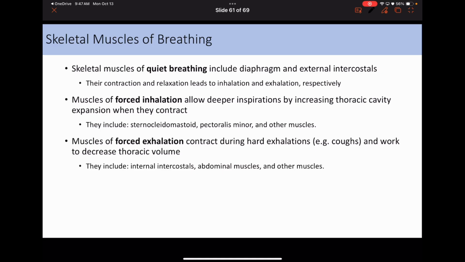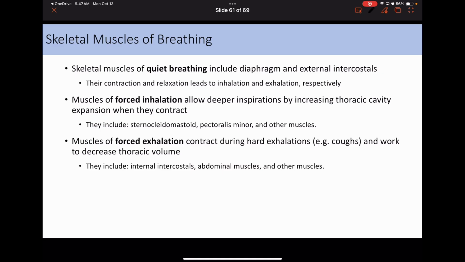The muscles of forced inhalation allow for deeper inspiration by increasing thoracic cavity expansion when they contract. This includes your sternocleidomastoid along your neck, your pectoralis minor at your chest, and some other accessory muscles. These are extra muscles you have to recruit if you want to take a bigger deep breath in. The muscles of forced exhalation contract during hard exhalation, like when you're coughing or blowing out birthday candles, and they work to decrease your thoracic volume.